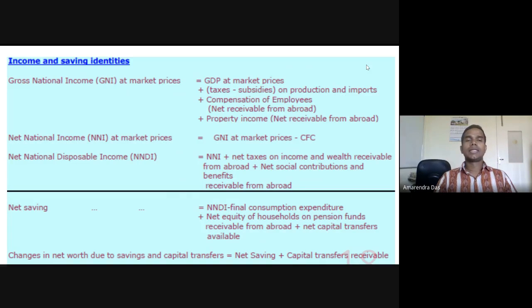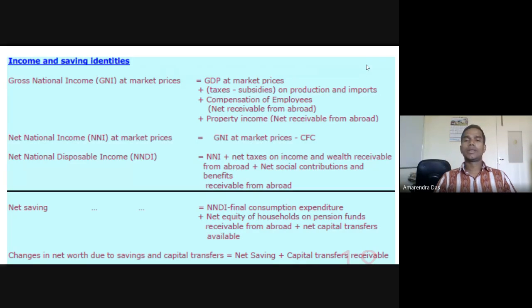Then net national disposable income, NNDI, is net national income plus net taxes on income and wealth receivable from abroad plus net social contributions and benefits receivable from abroad.